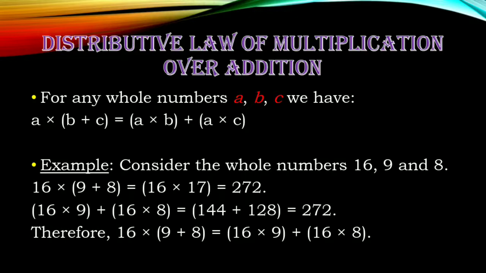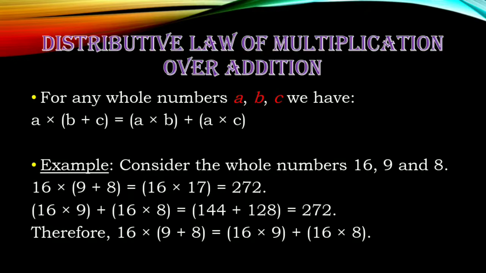We can do this the other way also. If we multiply 16 by 9, we get the product 144. And on multiplying 16 by 8, we get the product 128. And when these two products are added together, that is 144 added to 128, the sum is 272.